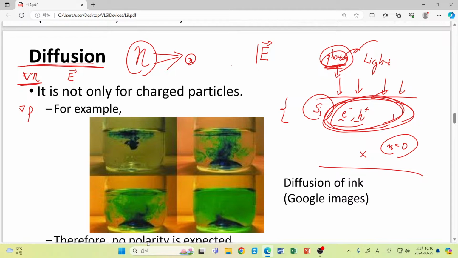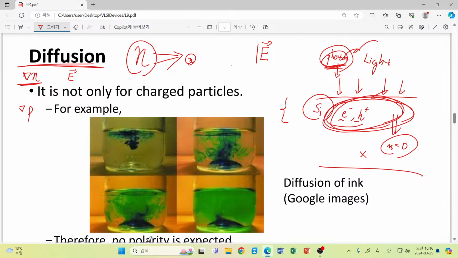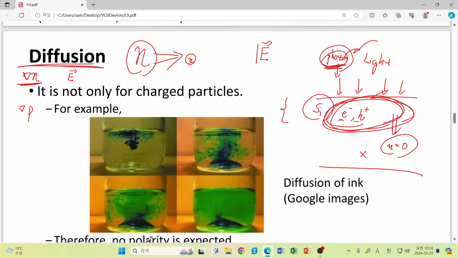Then there will be a certain diffusion flux once again. There are many other ways to generate imbalance or non-uniformity of electron density and hole density inside our structure. So I will explain this part in our next lecture on Wednesday. Thank you.